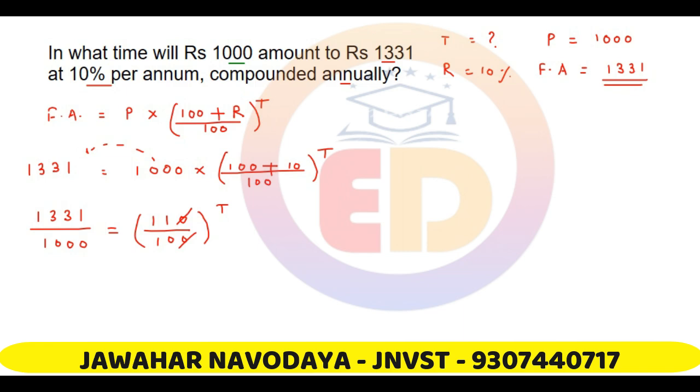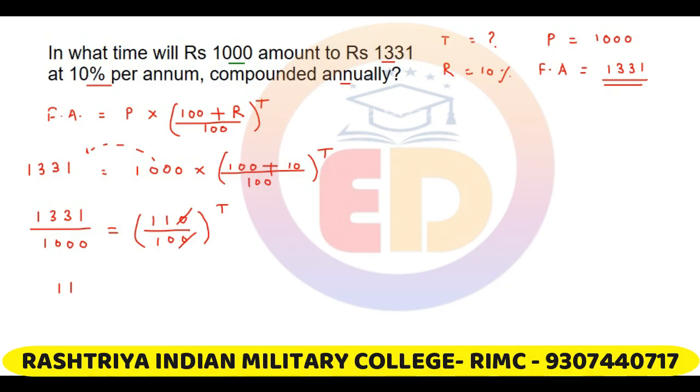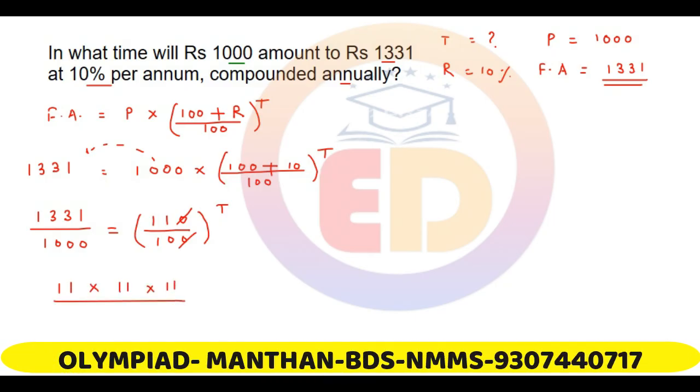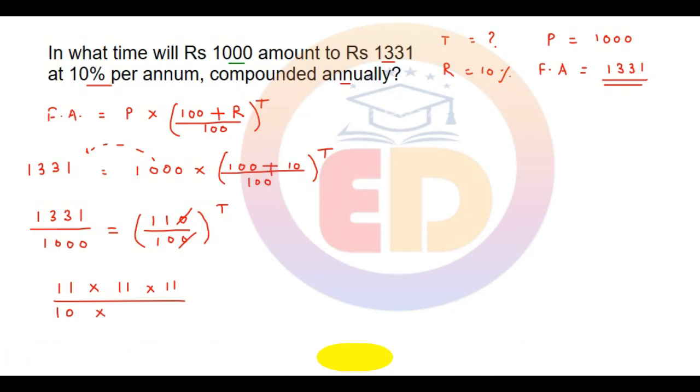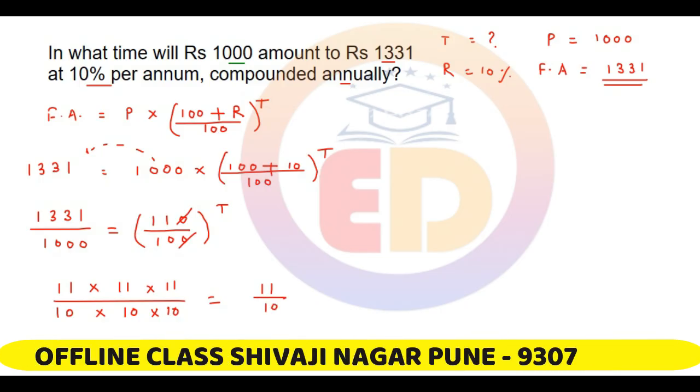Cancel the 0 and 0. 1331 is 11 cube. It can be written as 11 into 11 into 11 upon 1000 is 10 cube, written as 10 into 10 into 10 equals 11 upon 10 to the power of t.